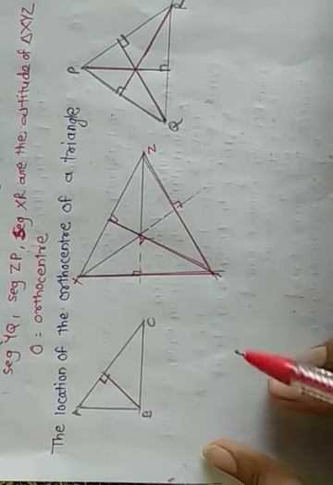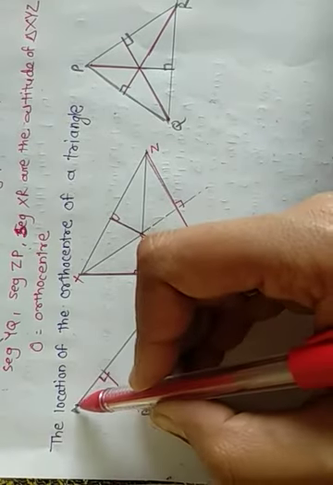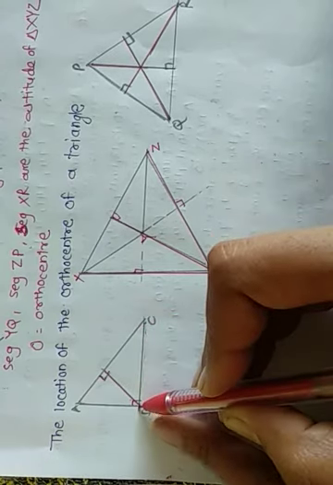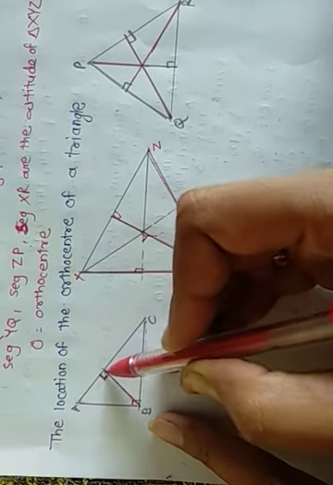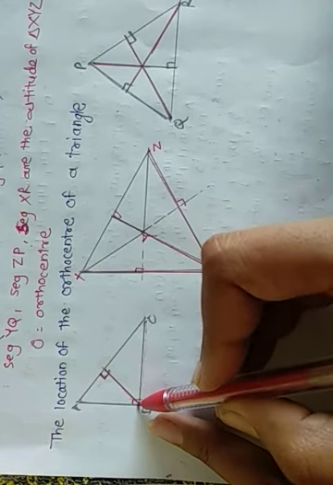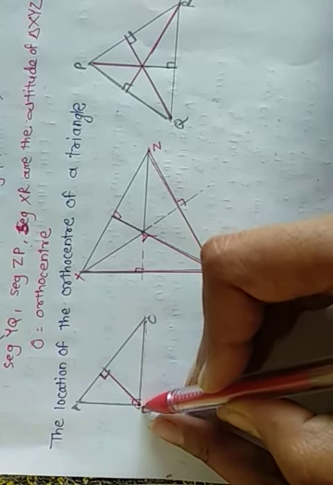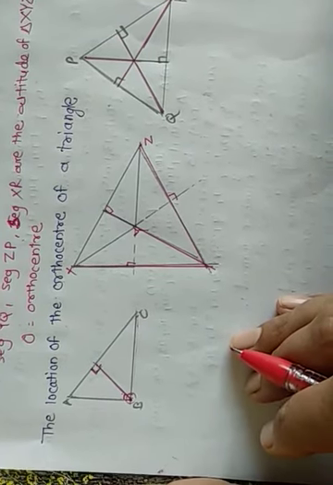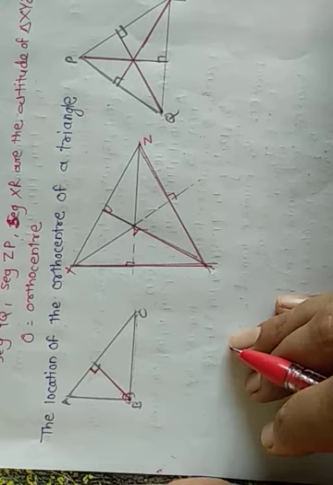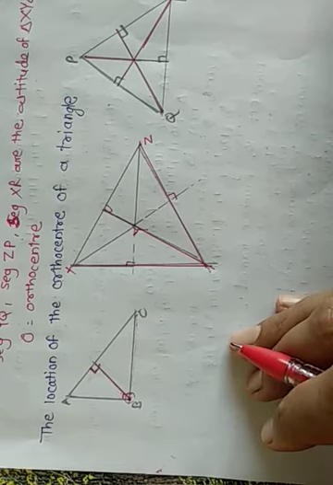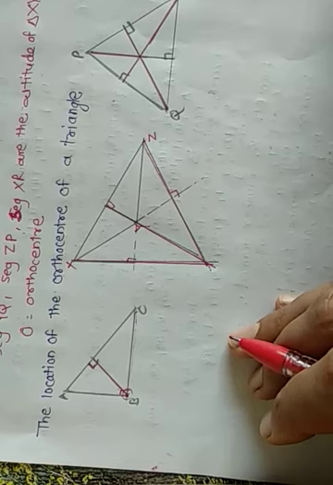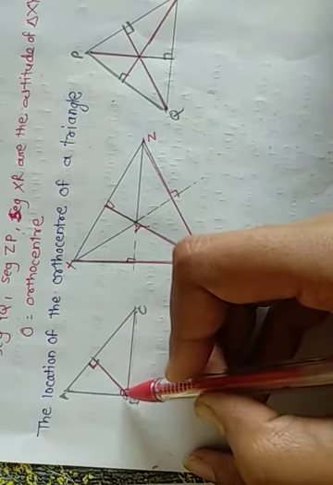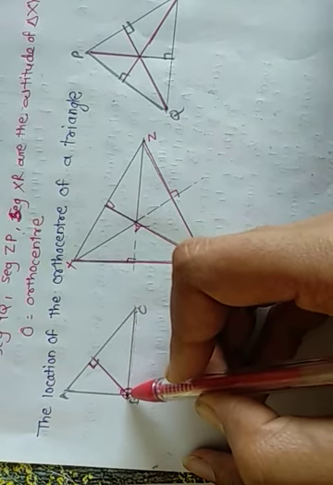And if you draw the altitudes on all sides, this is the altitude from vertex A, this is the altitude from vertex C, and this is the altitude from vertex B. See, these three altitudes meet here at point B. So the orthocenter of a right angle triangle is the vertex of the right angle.